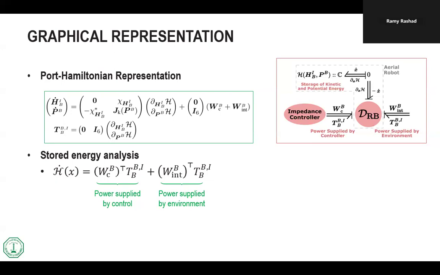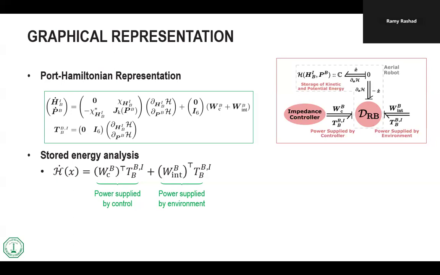It's something that takes power from the controller, power from the environment, and power that corresponds to H dot. Because the pairing of x dot and the gradient of H with respect to x is the H dot. The pairing between the wrench and the twist on this side is the power supplied by the controller. The pairing of the wrench and the twist on this side is the power supplied by the environment. So you see, we always have a pairing between two variables, the effort and the flow.